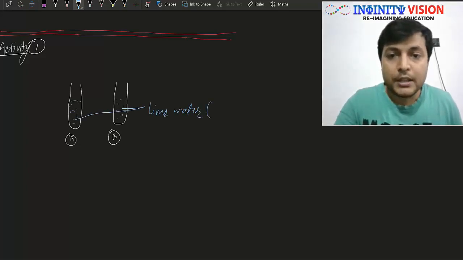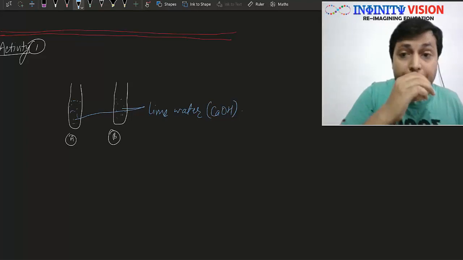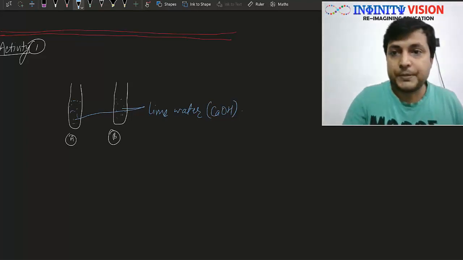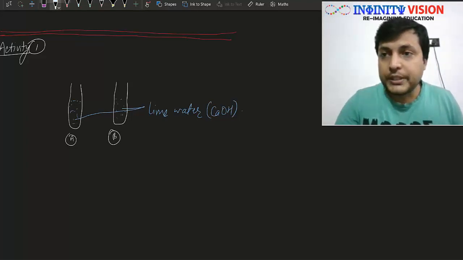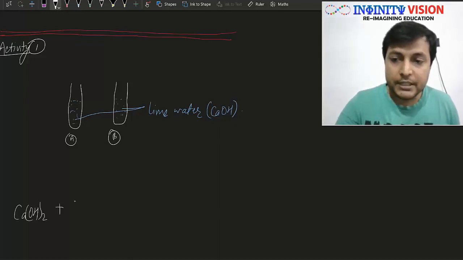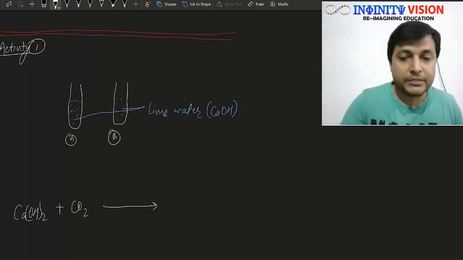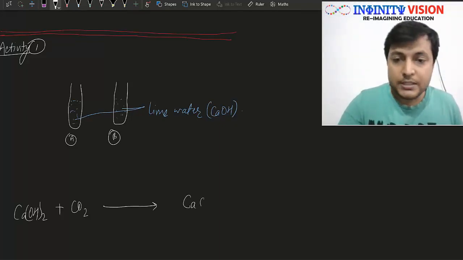Now what is lime water? Lime water is nothing but calcium hydroxide. So we have filled lime water in these 2 test tubes. Now we know that lime water, that is Ca(OH)2, in presence of CO2, reacts with CO2 to form CaCO3 plus what?